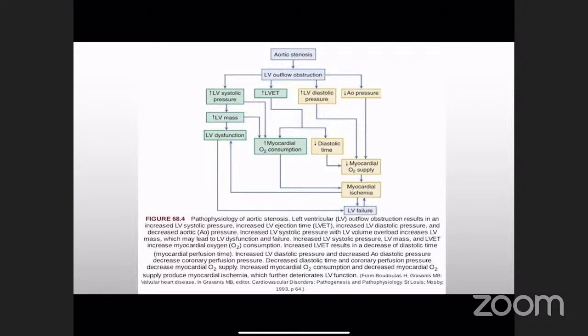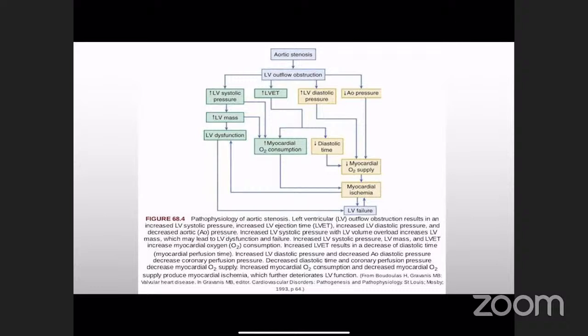When the left ventricular systolic pressure increases, this leads to left ventricular hypertrophy, which increases myocardial consumption and myocardial demand, eventually leading to myocardial ischemia, and ends with left ventricular dysfunction.